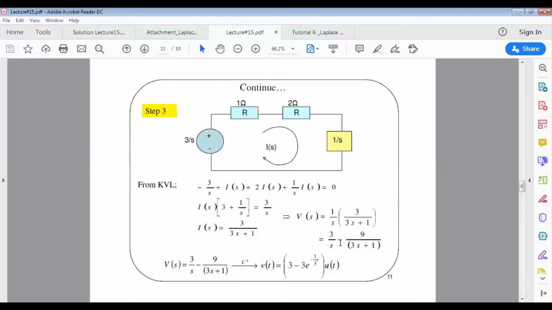By applying the inverse Laplace transform, v(t) can be written as 3 u(t) minus 3 exponential negative 1 over 3 t u(t). This is v(t) in the time domain, obtained from the inverse Laplace transform of V(S). That's how we solve the circuit analysis problem using the Kirchhoff voltage law.